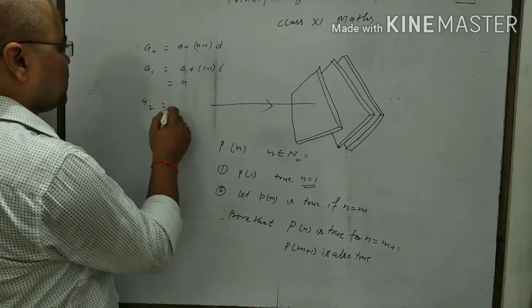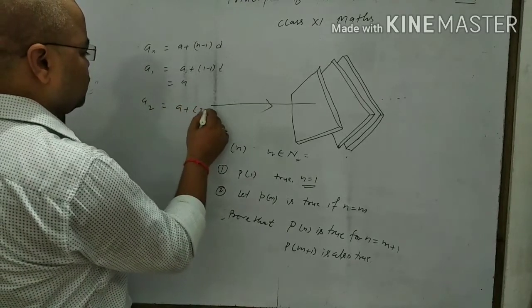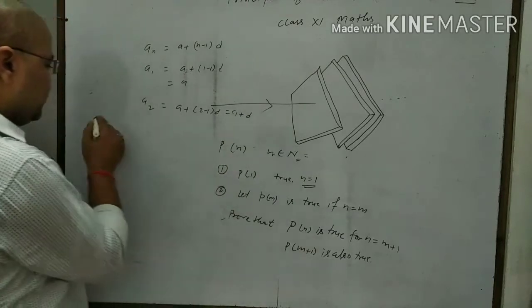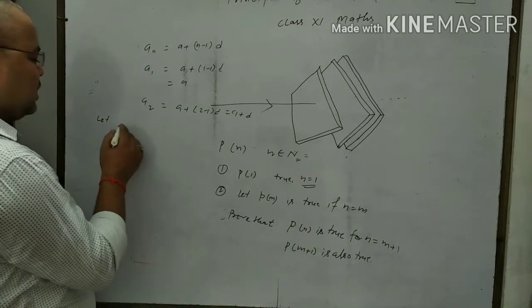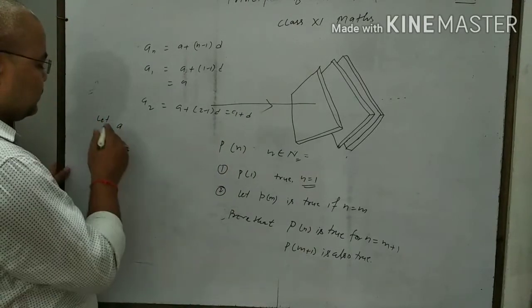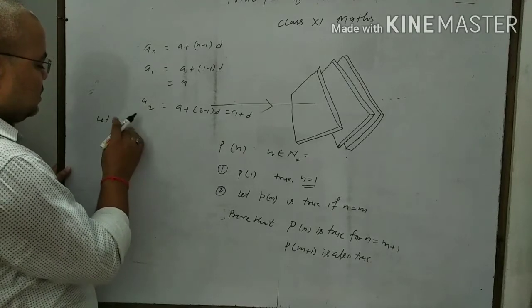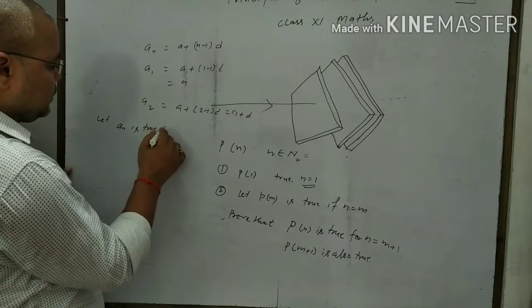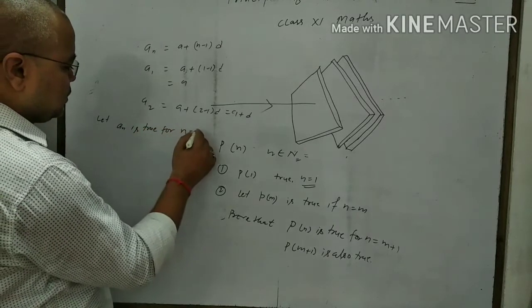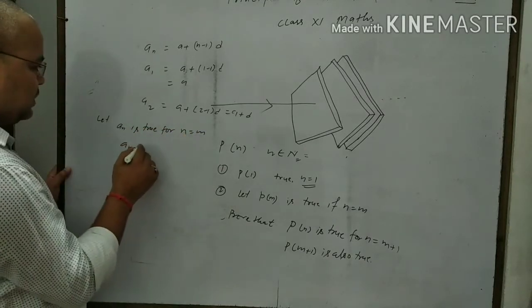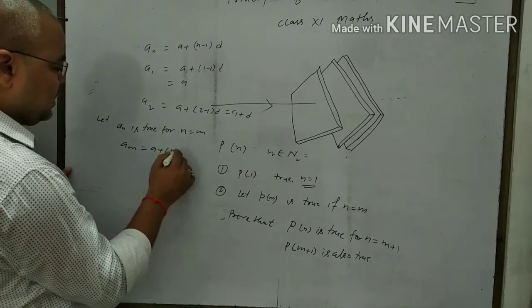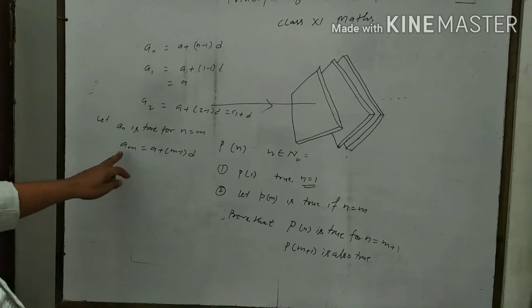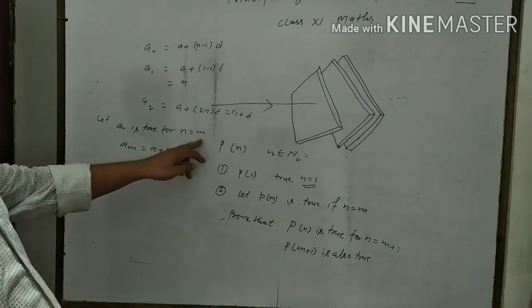This is true for second also: a plus 2 minus 1 into d means a plus d. Similarly, let an be true for n equal to m also, that is am is equal to a plus m minus 1 into d. This is also true for n equal to m.